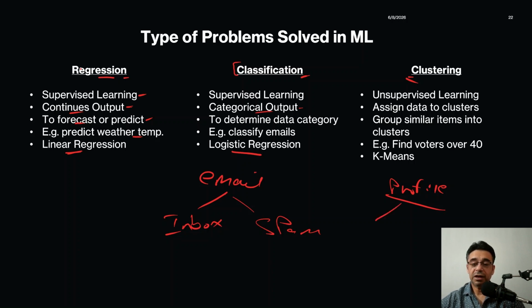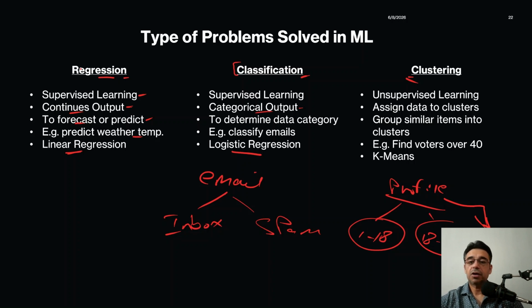For example, we have created the clusters based on age. Let's say one cluster is 1 to 18 years, then we have another cluster from 18 to 40 years, and then another cluster which is 40 plus. So you have a profile of a person, and you will assign that profile to one of the clusters. Maybe that new person belongs to the 40 plus age cluster. So that is the clustering problem.